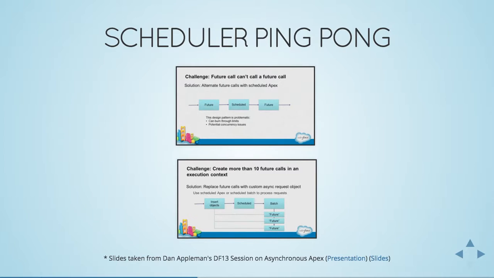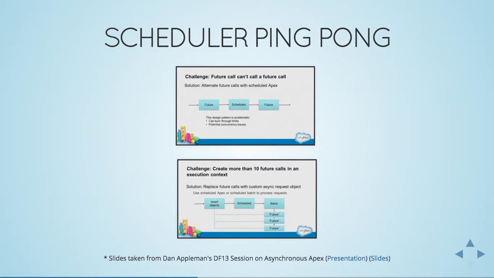Now this worked great. You could get around a lot of limits regarding @future calls, for instance, the limit of no more than 10 future calls being performed in a single execution context. Basically the way it worked was you'd create your own queue of asynchronous requests through a custom object.